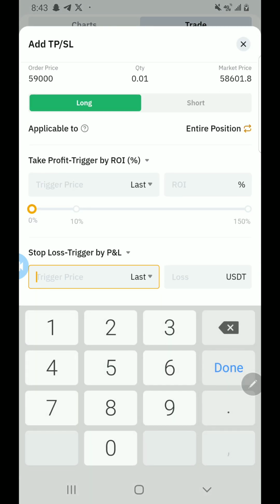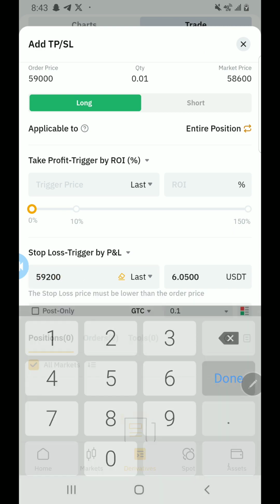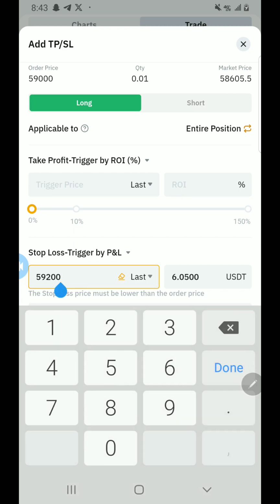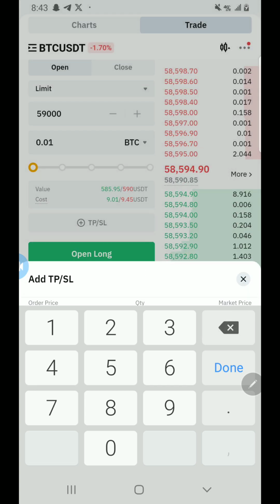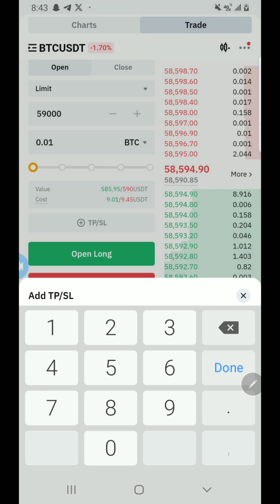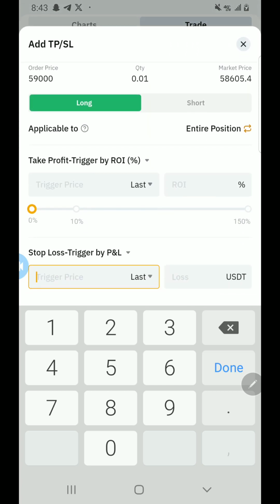In this case, they'll give you a stop loss higher than your entry, your proposed entry point. In this case, your stop loss could be 59,200. The limit order was 59,000. So it's a short order, right?